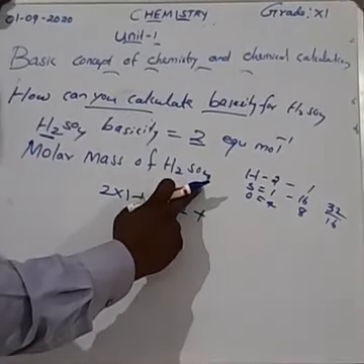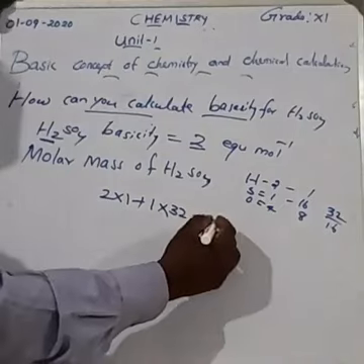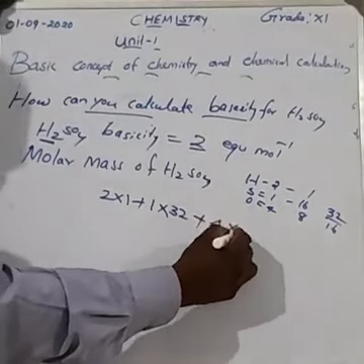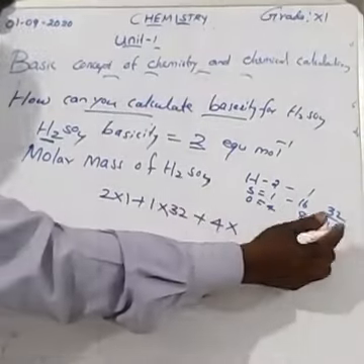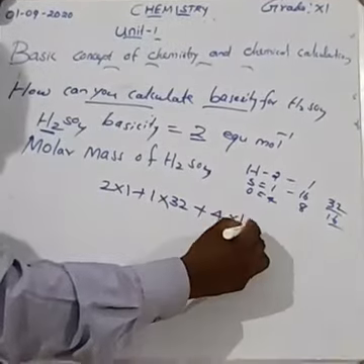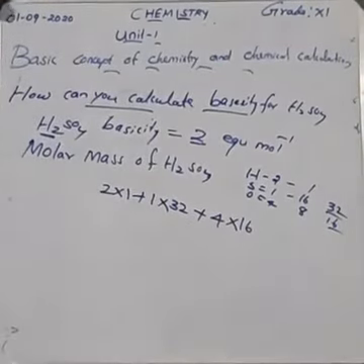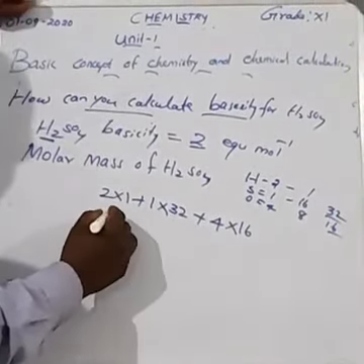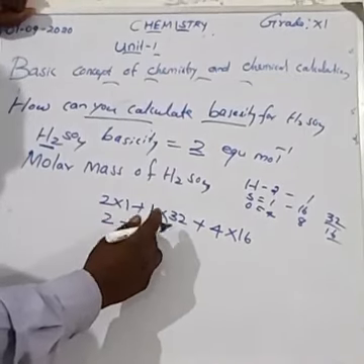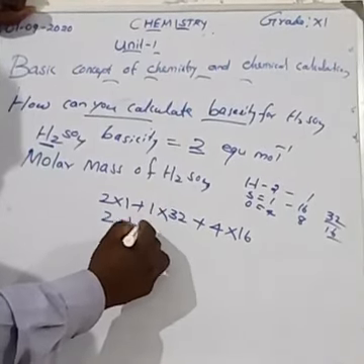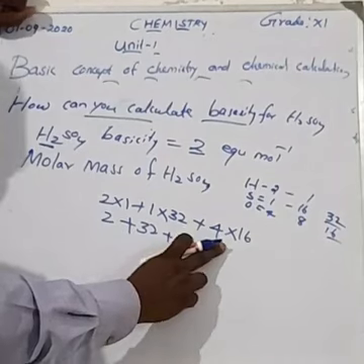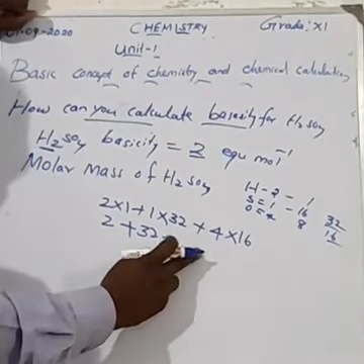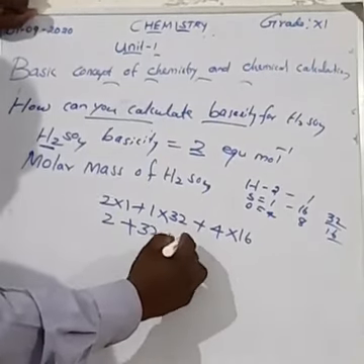How much oxygen is there? 4 oxygen. So 2 into 1 is equal to 2, plus 1 into 32 is equal to 32, plus 4 into 16 is equal to 64.